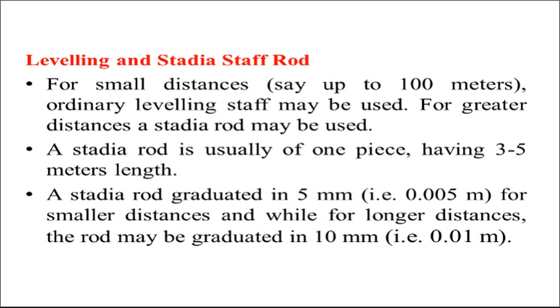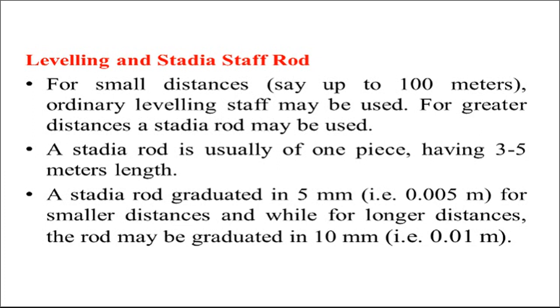For smaller distances, say up to 100 meters, the ordinary leveling staff which we have used in leveling can be used, and for greater distances a stadia rod may be used. A stadia rod is also similar, but it may have a length of 3 to 5 meters. A stadia rod is generally of one piece.